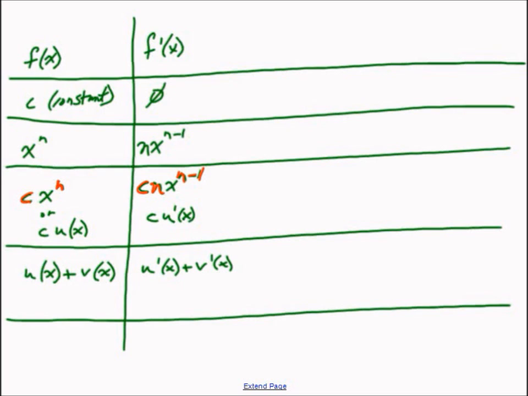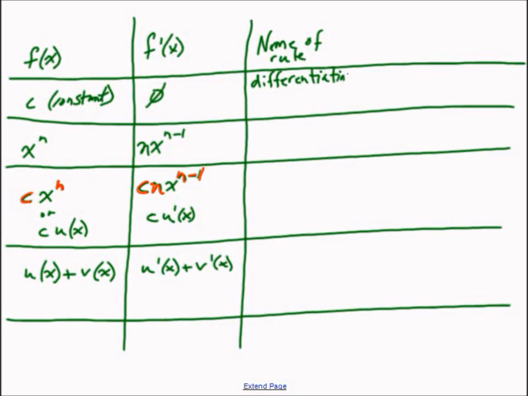Okay, these things all have names. We would call this the differentiating a constant rule.